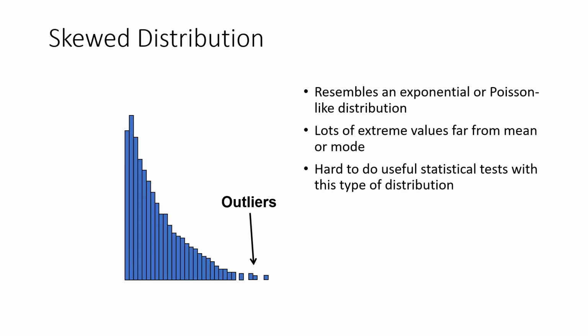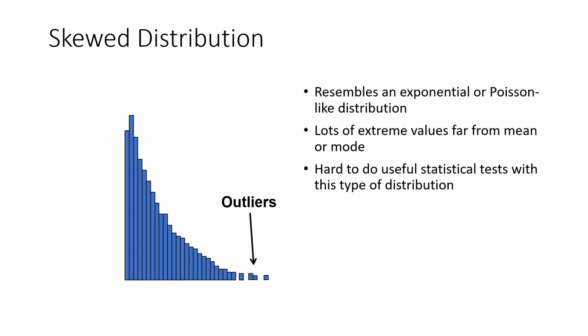So a skewed distribution like the extreme value distribution has lots of extreme values that are very far from the mean or the mode. When you have a very skewed exponential or extreme-like distribution, it's really hard to do standard statistical tests like the t-test with this.